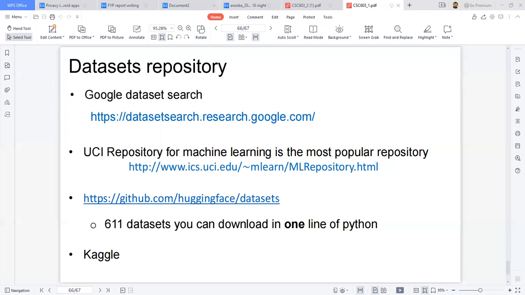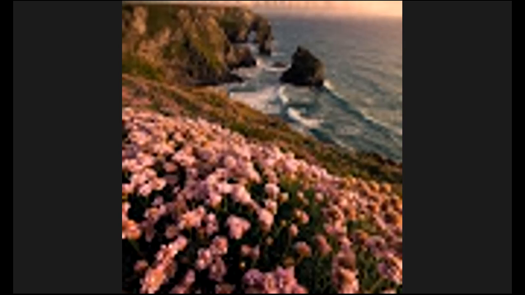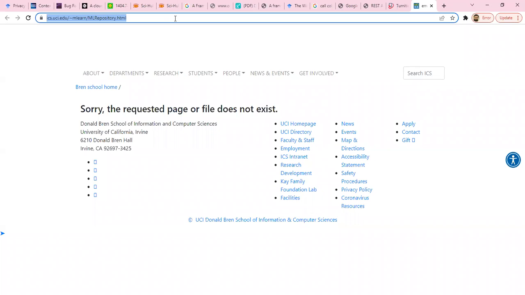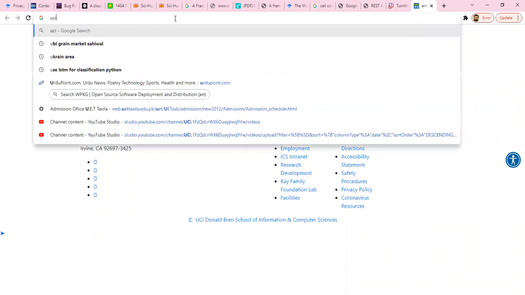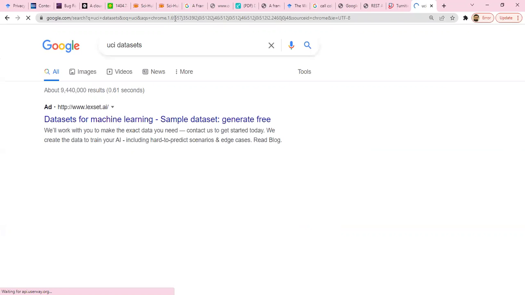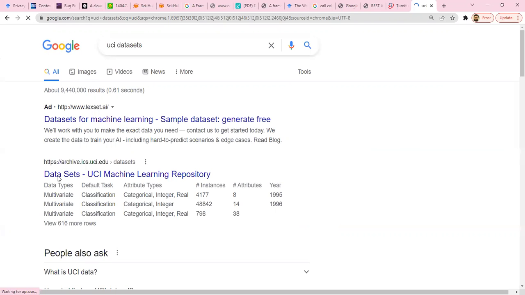I think you cannot see. No, I can see. Okay, so maybe you can use the UCI datasets. You can just open the website.